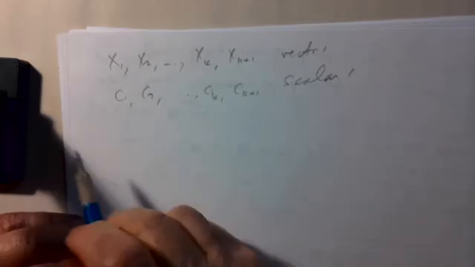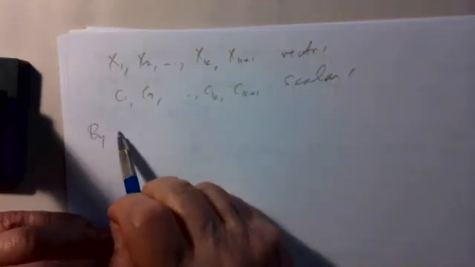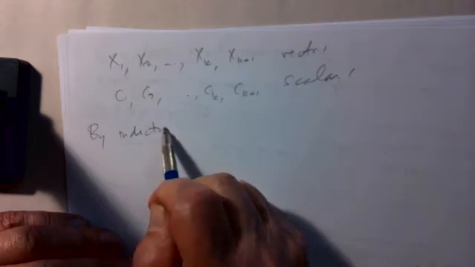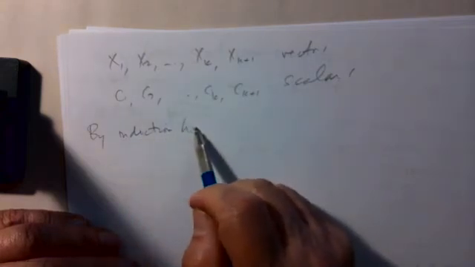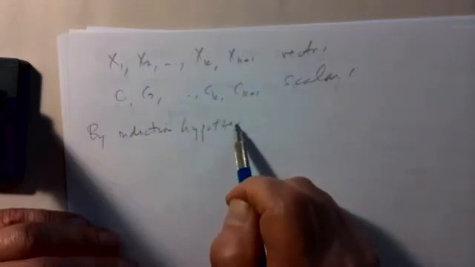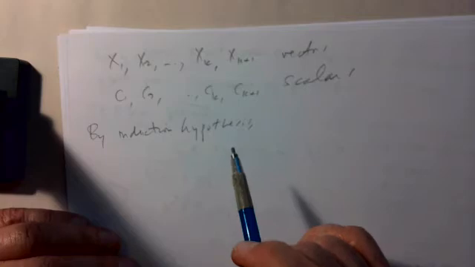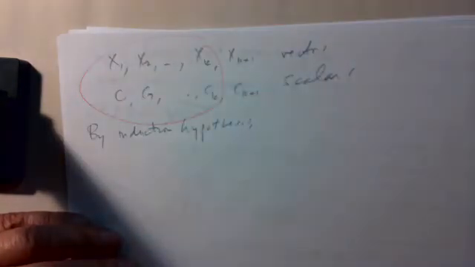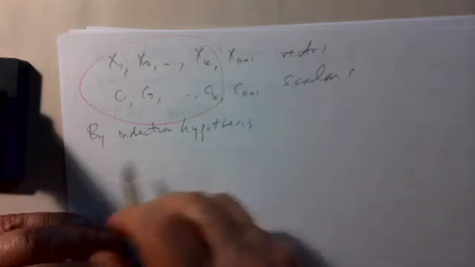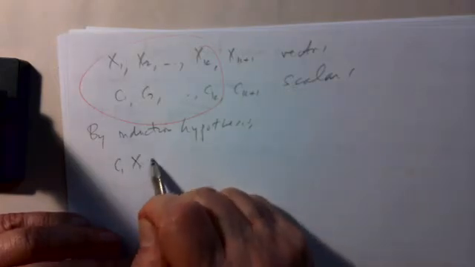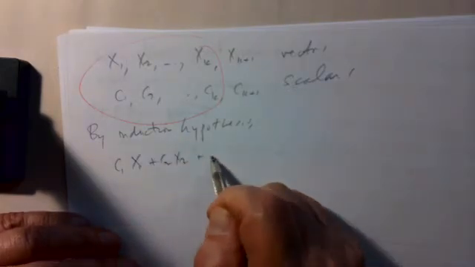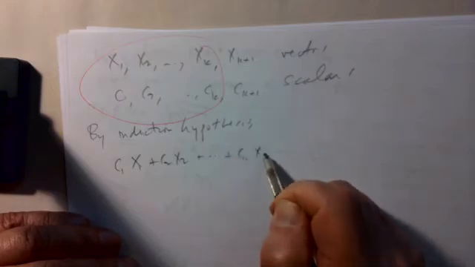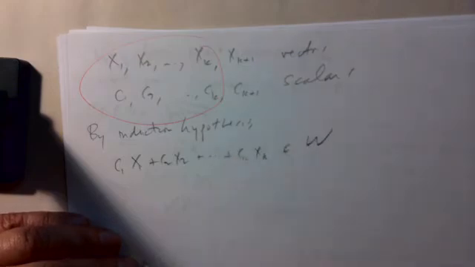By the induction hypothesis, that's the statement that every linear combination of K vectors is in W. If we just look at this set of K vectors and K scalars, C1x1 plus C2x2 up to CKxK is in W.